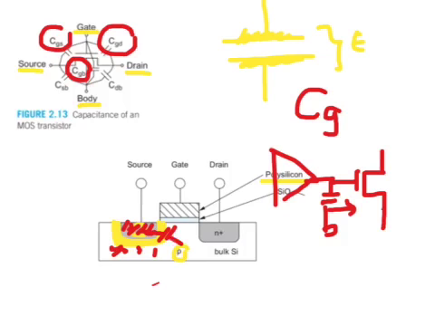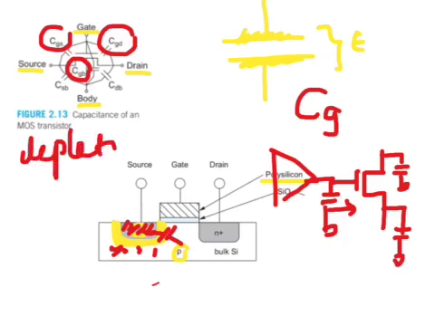These are collectively known as junction capacitances, or depletion capacitances from the depletion region, or diffusion capacitances. This is an older term, and they are also called parasitic capacitances.